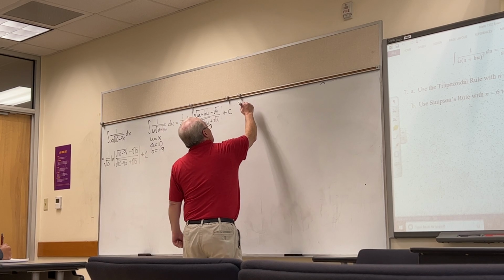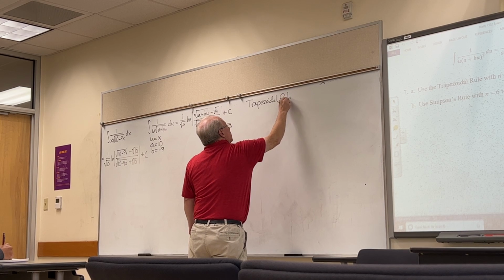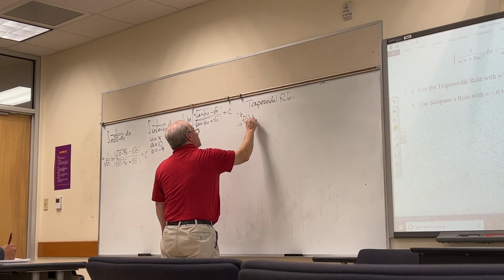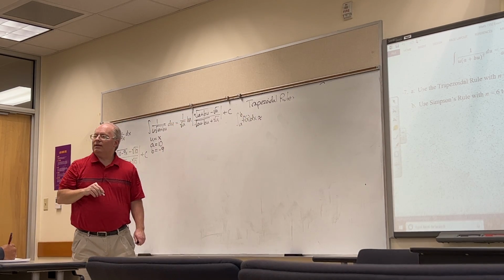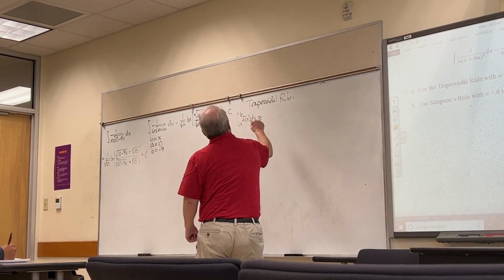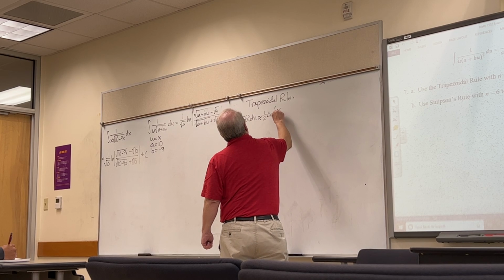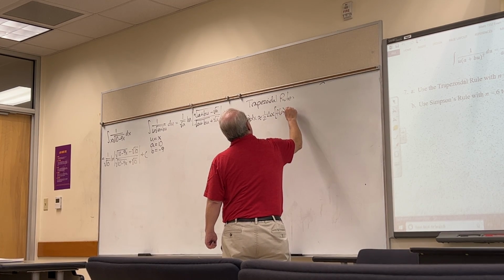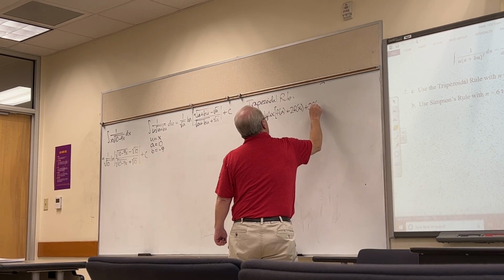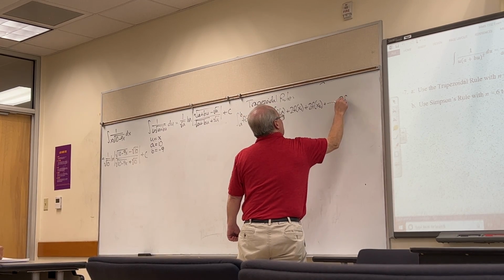All right, so remember the trapezoidal rule. It says that the integral between a and b of f of x dx is approximately one half delta x times f of a, plus 2f of x1, plus 2f of x2, and so on.